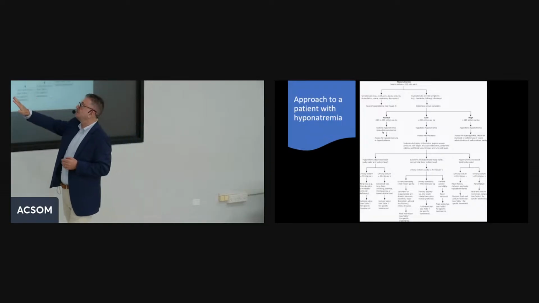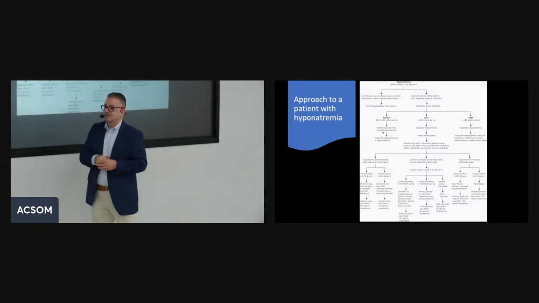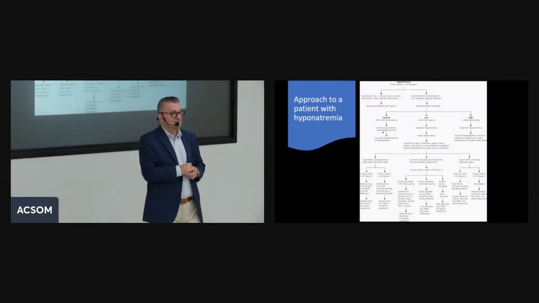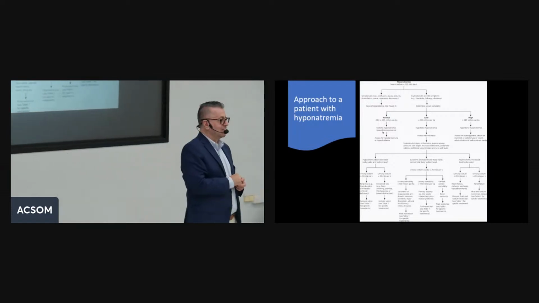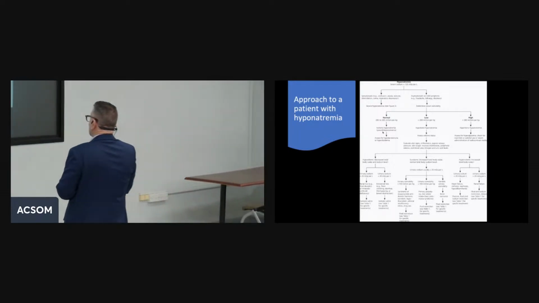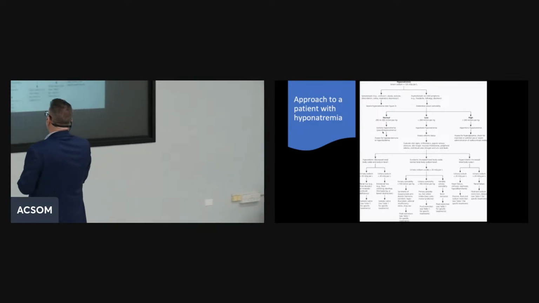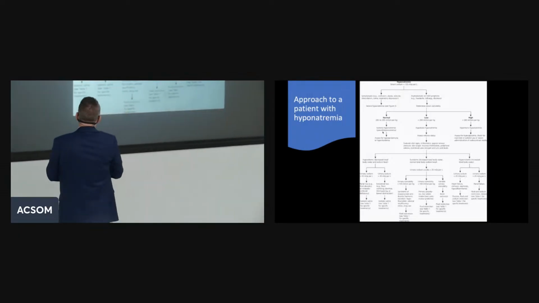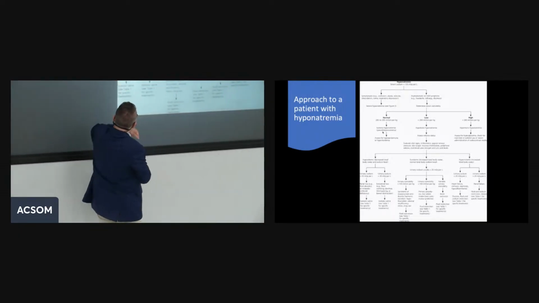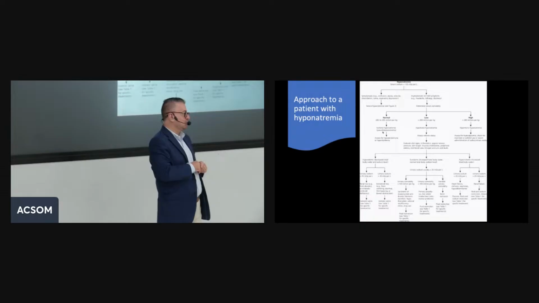If somebody is hypovolemic, most of the time it is because somehow they look dry, but also there are some hormones that are important for them. And sometimes they have been taking diuretics. That could be one reason.